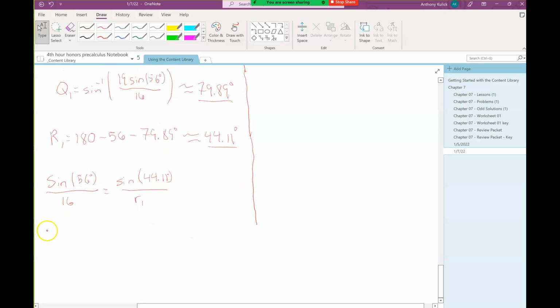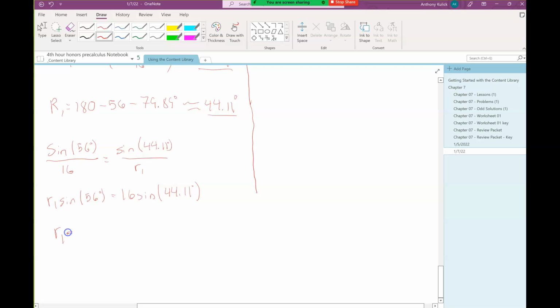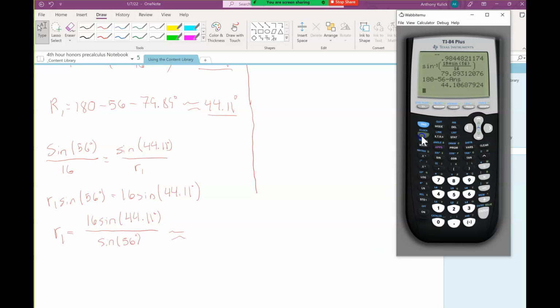So to solve, I'll cross multiply, and then I'll divide by sine 56. If I go to my calculator, I have 1343.